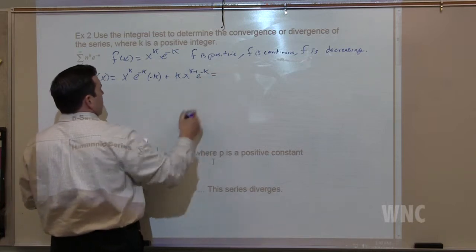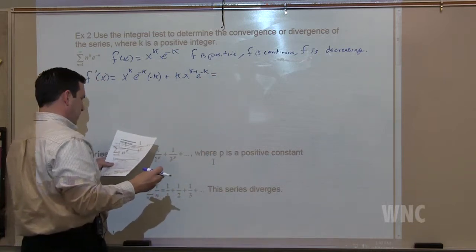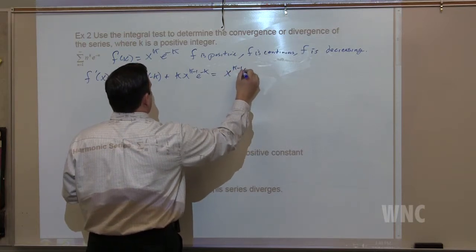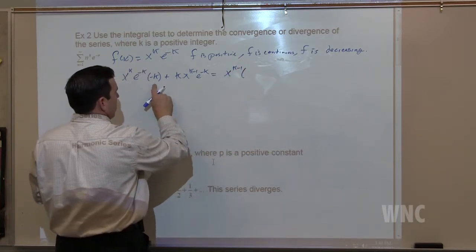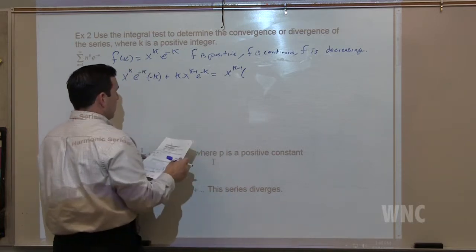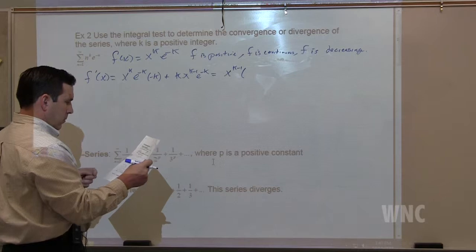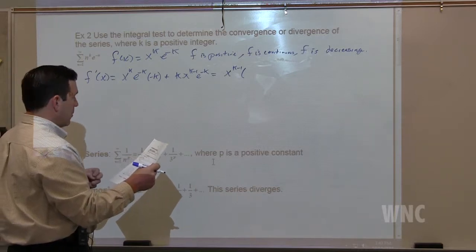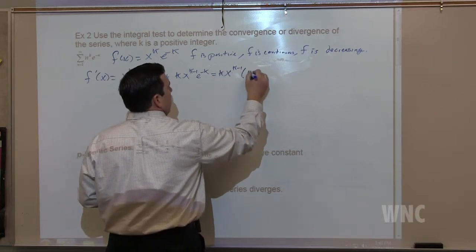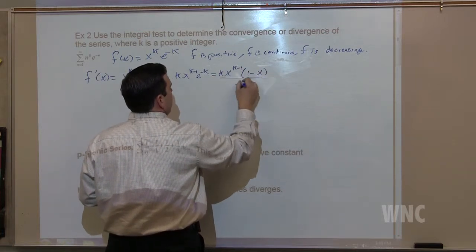And that's going to be x to the k minus 1, I should pull a k out as well, times 1 minus x over e to the k.